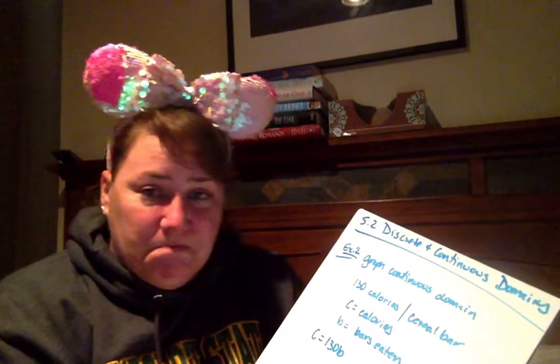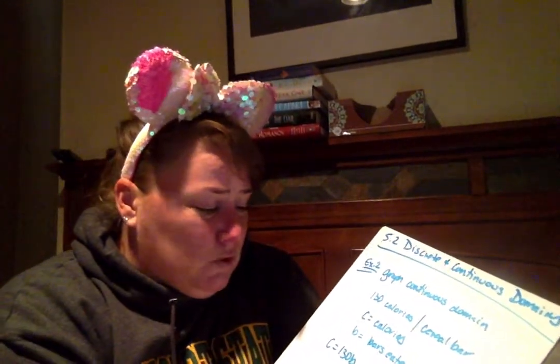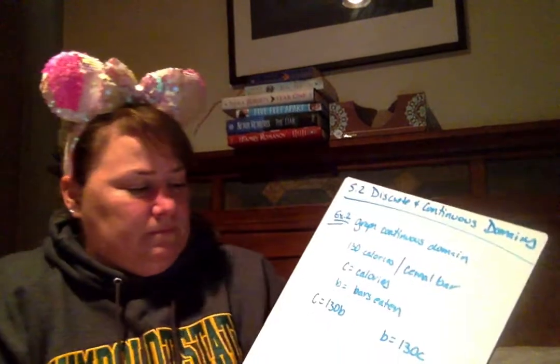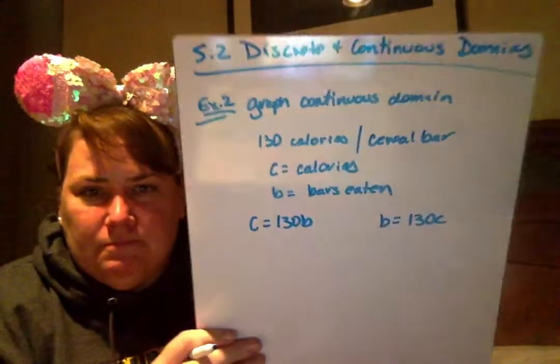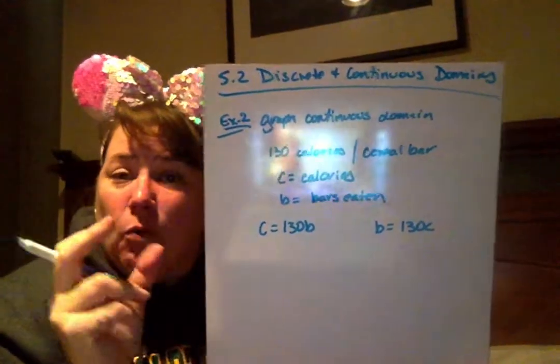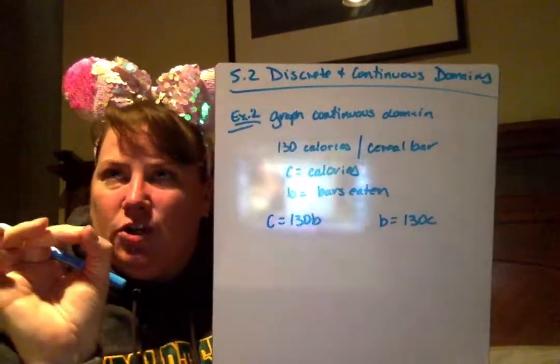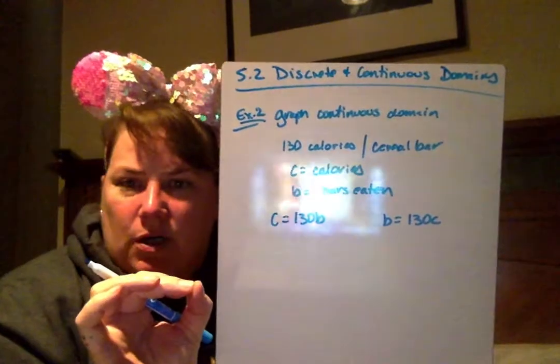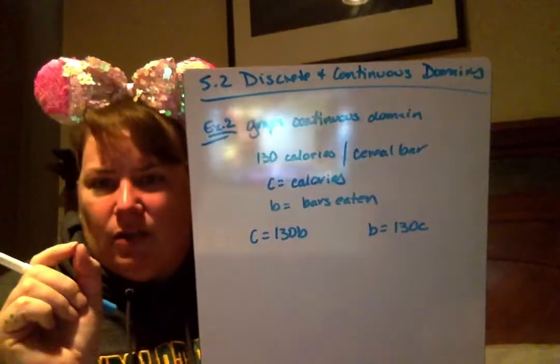So we can go C equals 130B, or you can go B equals 130C. There's 130 calories per cereal bar. You got to figure out which equation is saying there's 130 calories, I'm going to multiply it by the number of cereal bars. That's going to give me the total number of calories.